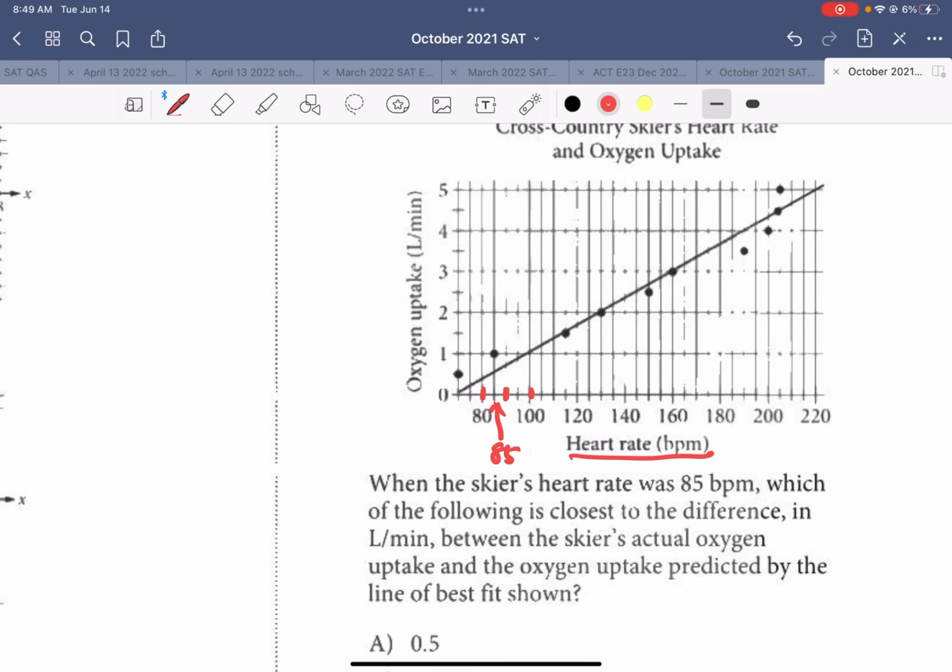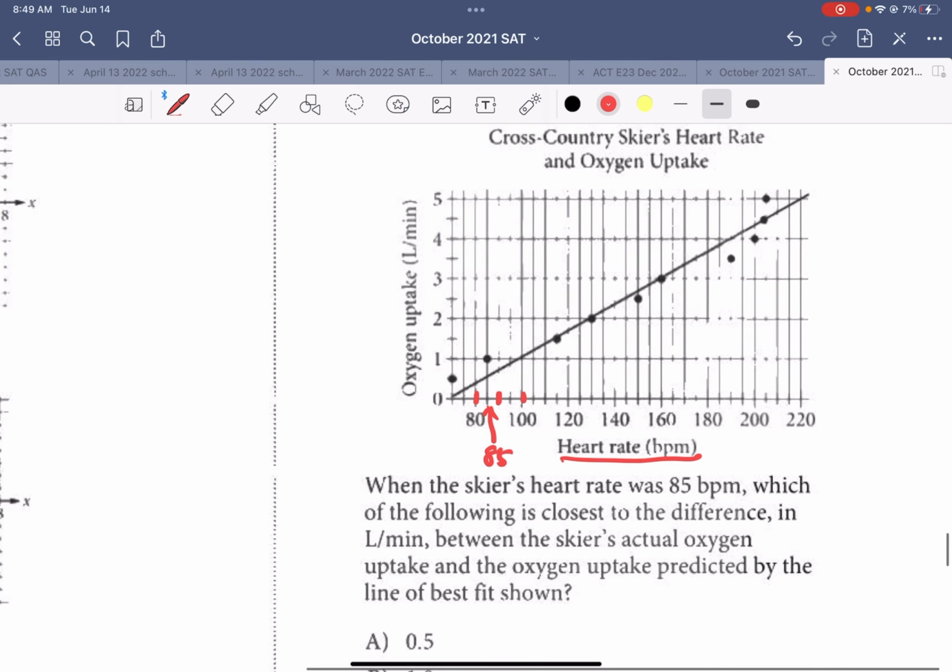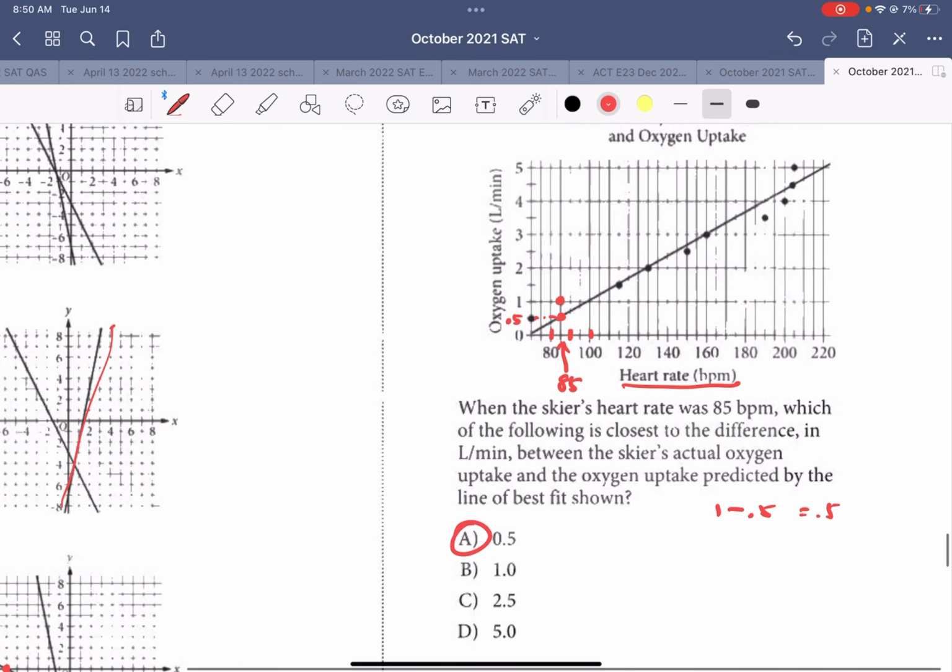That's 85. Which of the following is the closest difference in liters per minute between the actual oxygen uptake and the oxygen uptake predicted by the line of best fit shown? Okay, what is the closest difference? So what is the difference between that one and that one? That one looks like 0.5 and that's 1. So 1 minus 0.5 is their difference. It's 0.5. Okay, so answer A.